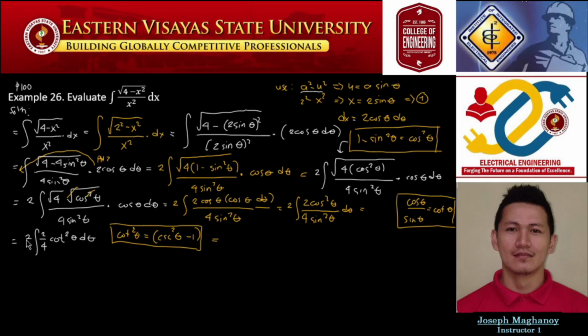Oh, we need to reduce. So we cancel here. It would be 2. So the remaining would be 2 integral of our identity.